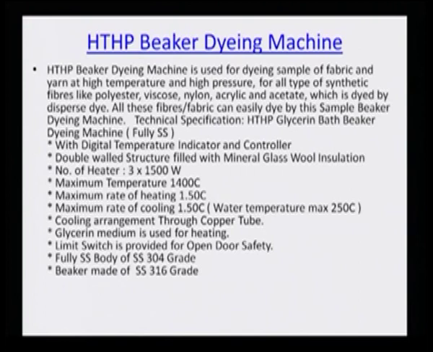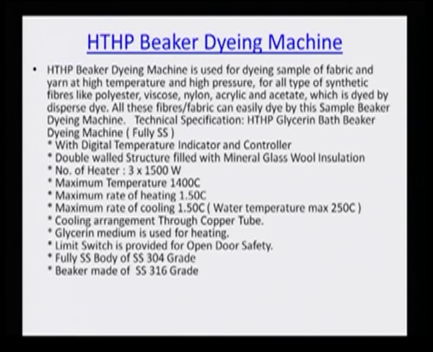The technical specification is that the HTHP glycerine bath beaker dyeing machine is fully made out of stainless steel, SS, with a digital temperature indicator and controller, and a double wall structure filled with mineral glass wool insulation. The number of heaters is 3, each having 1500 watt heating capacity.